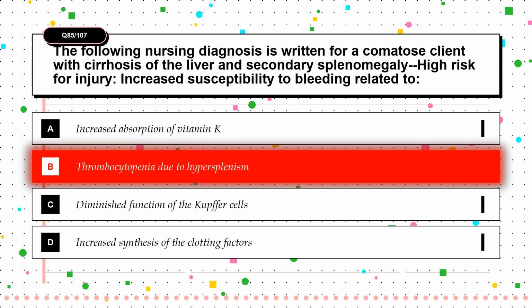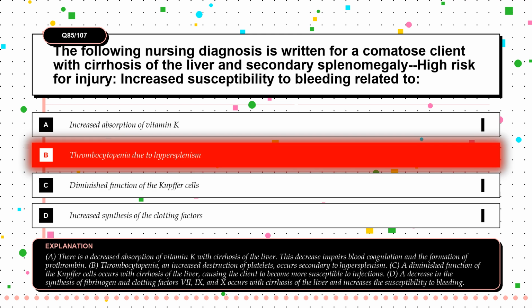The correct answer is option B, thrombocytopenia due to hypersplenism. A. There is a decreased absorption of vitamin K with cirrhosis of the liver. This decrease impairs blood coagulation and the formation of prothrombin. B. Thrombocytopenia, an increased destruction of platelets, occurs secondary to hypersplenism.